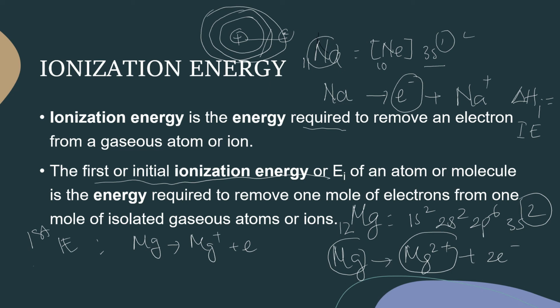So the second ionization energy, we can write in equation as Mg+ to Mg2+ plus an electron. The second ionization energy is the energy required to release the second electron.